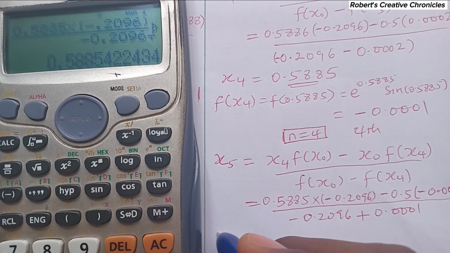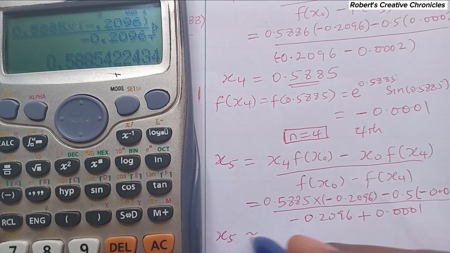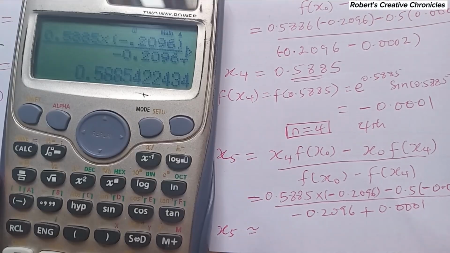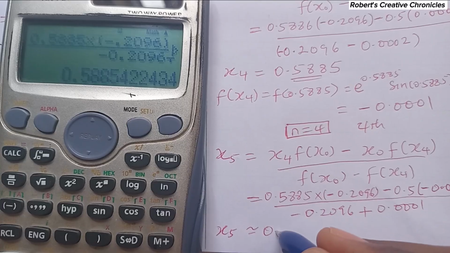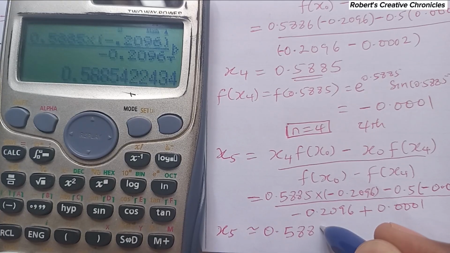So now x5 is approximately equal to 0.5885.